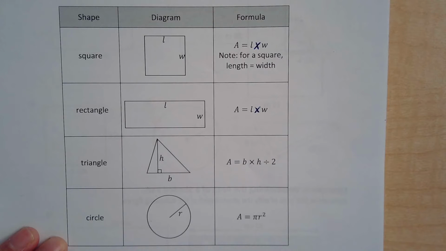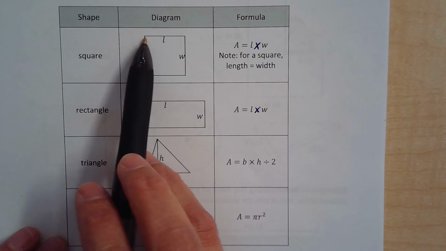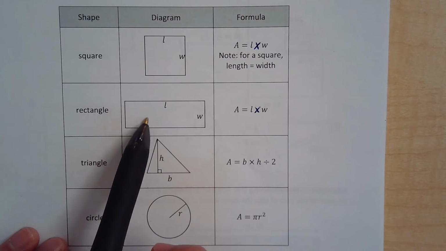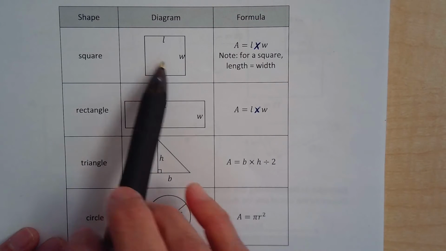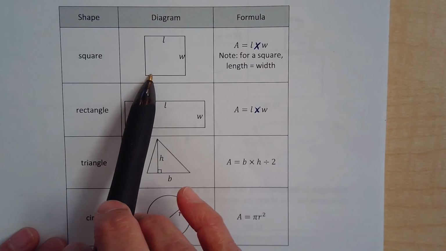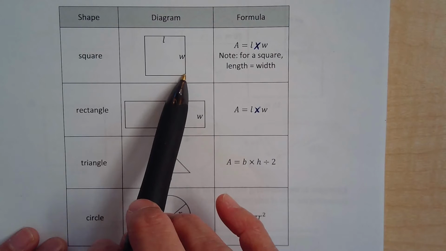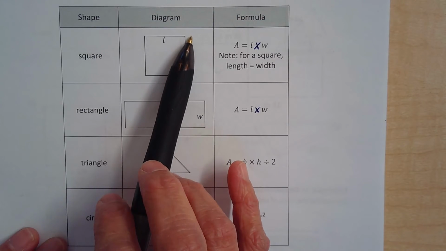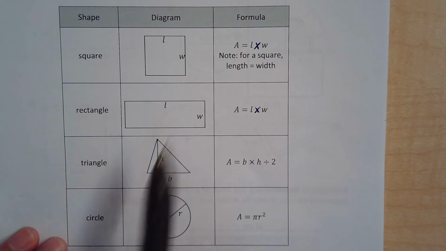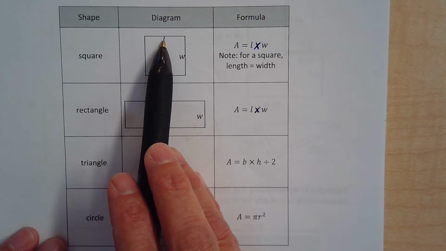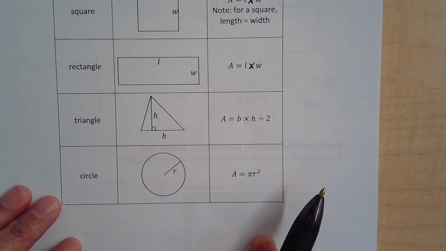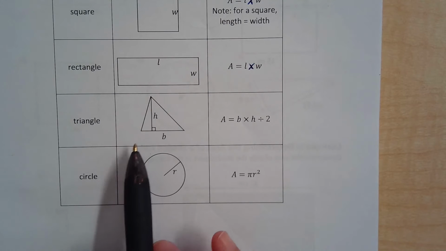The areas will be different. For a square, they're all the same length each side. So the only thing that's different between a square and a rectangle is that the length is the same as the width. They're equal to each other, right? So if this is 4, then this is also 4. Okay, I just want to point that out to you.